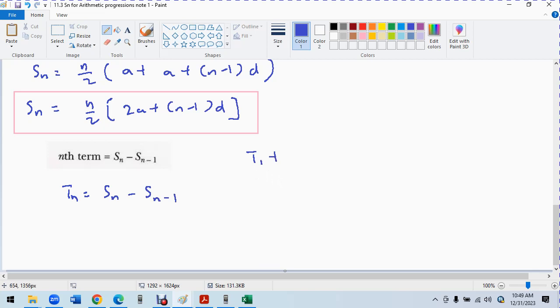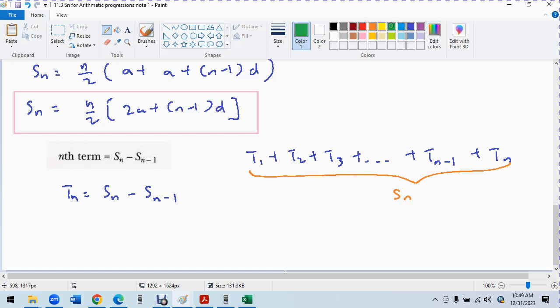Because we have T1, T2, T3, and so on, until the n minus 1 and the nth terms. All of this is Sn, and this part is Sn minus 1. So now when we want to find Tn, we use Sn minus Sn minus 1.